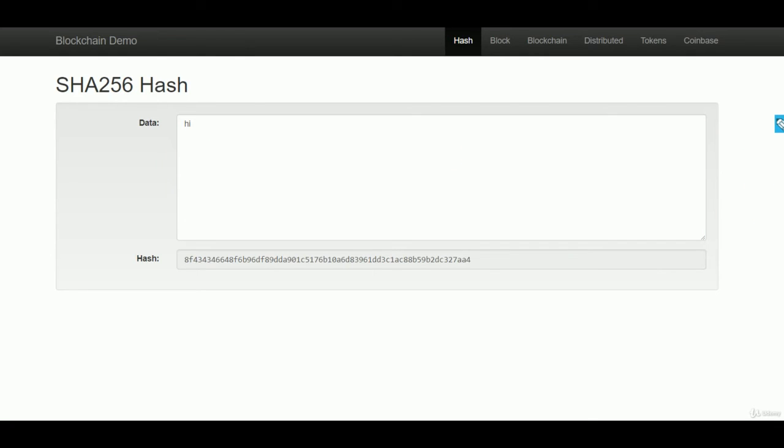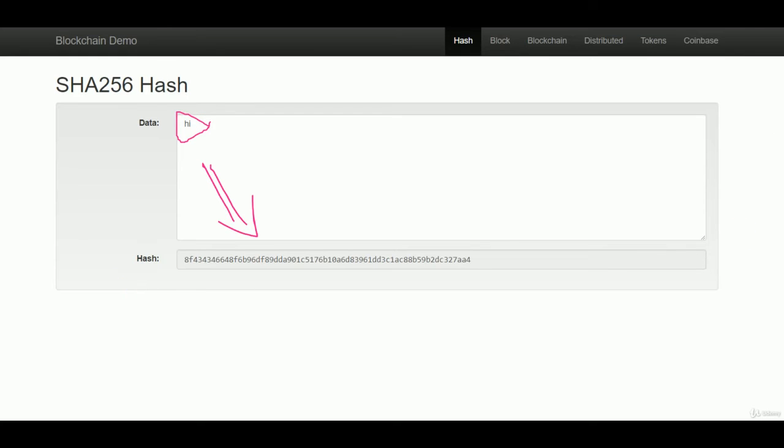There will be no change in the hash value. That is also something you need to know, because there are some algorithms that randomly generate output. For example, the first time you give hi, it will generate one output, and the second time you give hi, it will generate another output. But in this Anders demo, they make sure that one hash will always be generated for one input. This is also an important thing that we need to know.